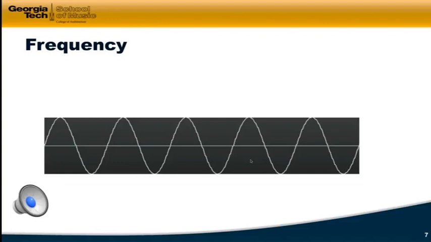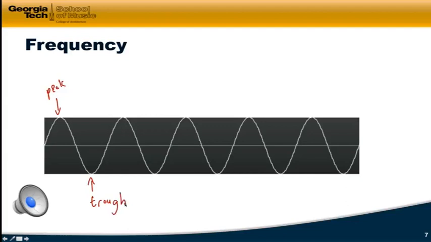Another really important property of waves is their frequency. If we look at this sine wave here, there are a couple of important terms to think of. The very top point of the sine wave is called its peak. The very bottom point is called its trough.